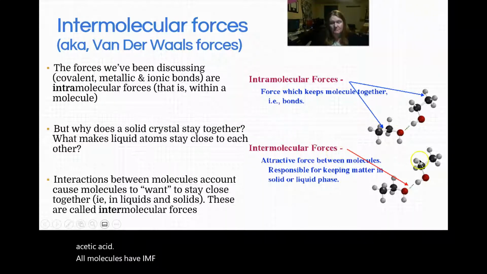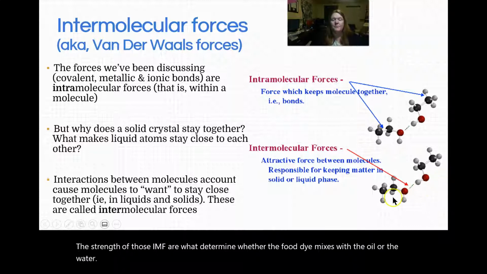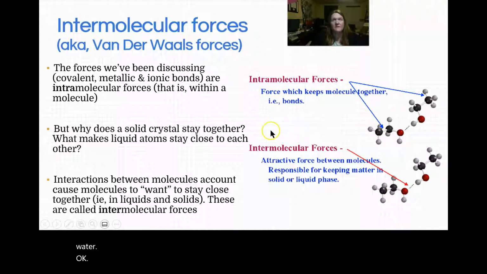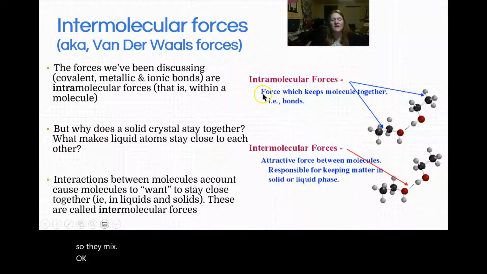Everything does. The strength of those IMF are what determine whether the food dye mixes with the oil or the water. Okay? The food dye has very low intermolecular forces with the oil, but very high IMF with the water, so they mix.